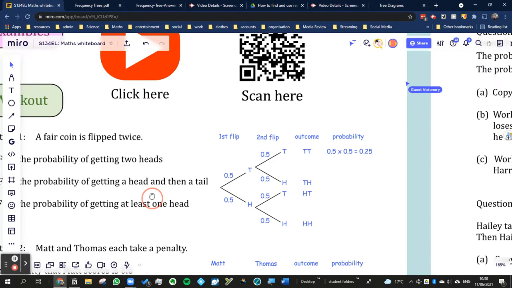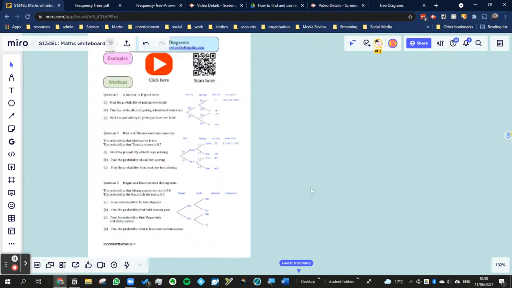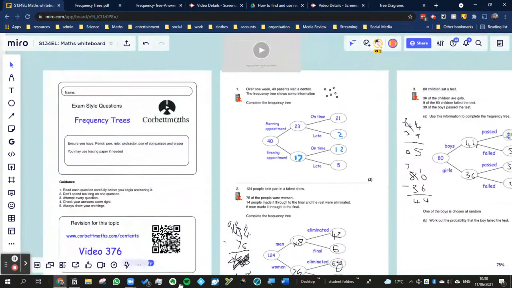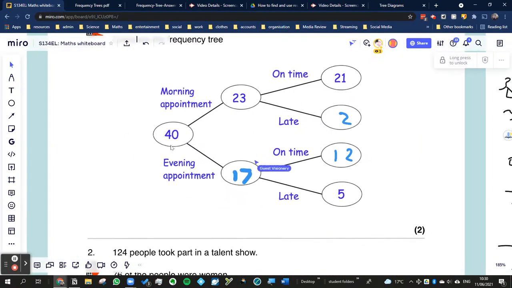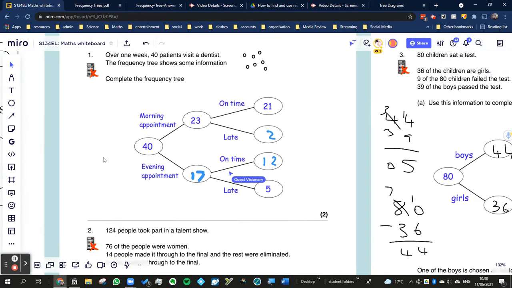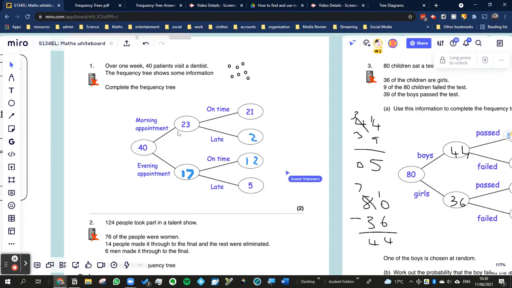So the first one we looked at was frequency trees, and this frequency tree example we looked at a moment ago. We had 40 people going into appointment. 23 of them were morning, so the remaining were 17. So these two arms represent how these 40 people were divided into these two different types.